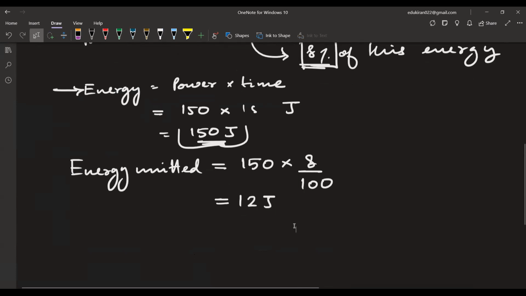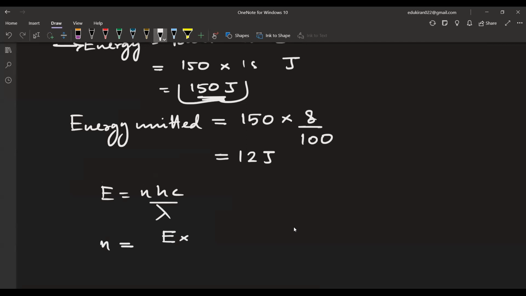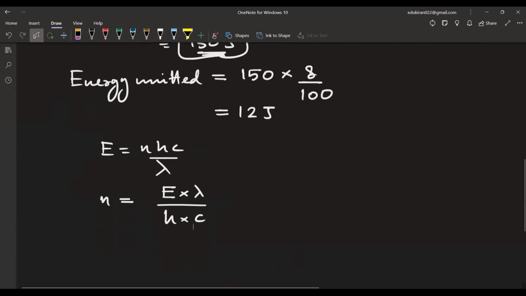After this, what do you have to do? You have got 12 joule. So now you have to find the number of quanta. Energy is equal to NHC upon lambda. So here N will be equal to energy into lambda upon H into C. Is that clear? Yes or no, please tell me. Now from here you just have to calculate.